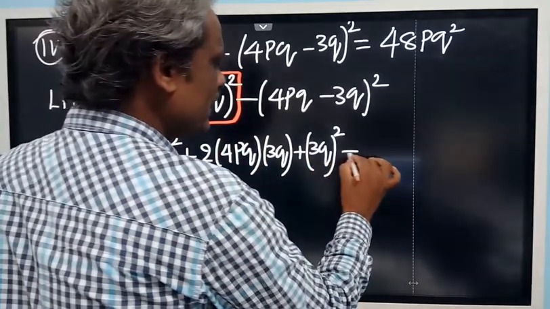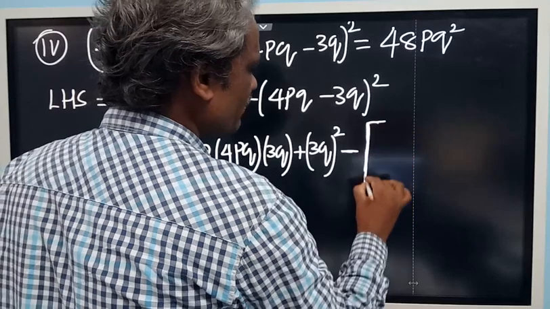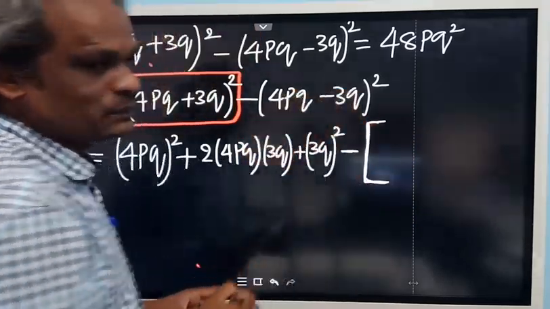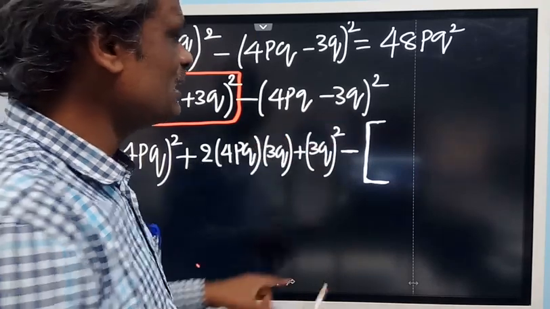So now we have minus. Now you write inside the bracket. So you take a square bracket, and inside this bracket you have to expand because we have a minus sign behind it. So this is in the form of (a − b)².